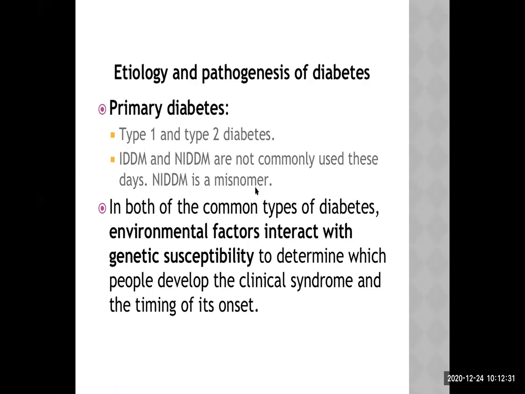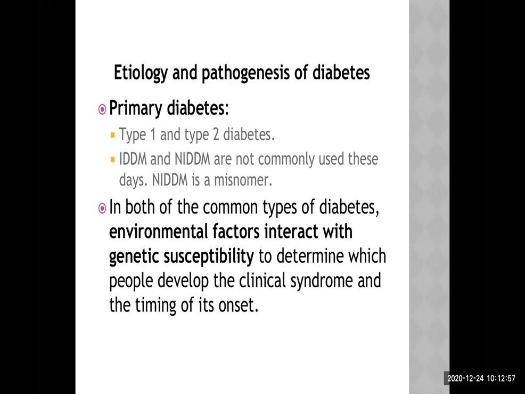Non-insulin dependent. Yes? Sir, because in the later stage, sir, the deficiency of insulin occurs in type 2. Good. That is a very good answer you have given, and that is the reason actually. Remember, in NIDDM, non-insulin dependent diabetes mellitus or type 2 diabetes also, we need insulin.